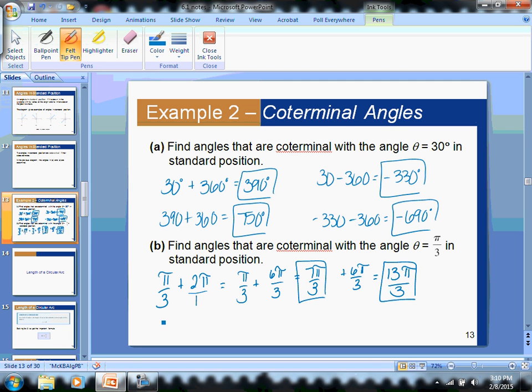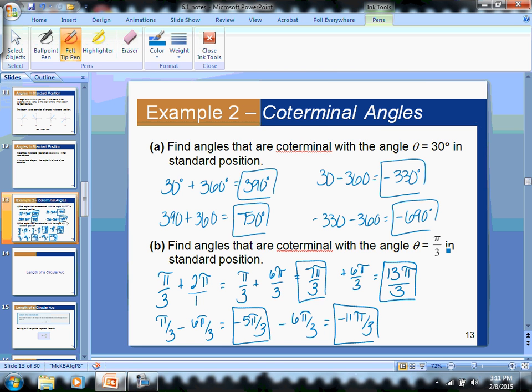Or if you didn't want to add, you could subtract. You could do pi over 3 minus 6 pi over 3. That would get you a negative 5 pi over 3. Or if you wanted to subtract again, negative 6 pi over 3, that would be negative 11 pi over 3. So again, all four of these angles are coterminal to pi over 3.